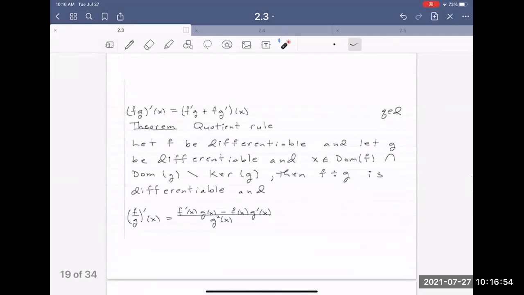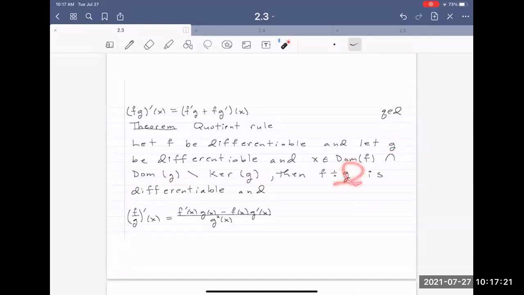Okay. Theorem. Let f be differentiable and let g be differentiable and let x be in the domain of f intersect the domain of g, take away the kernel of g. You don't want to divide by 0.